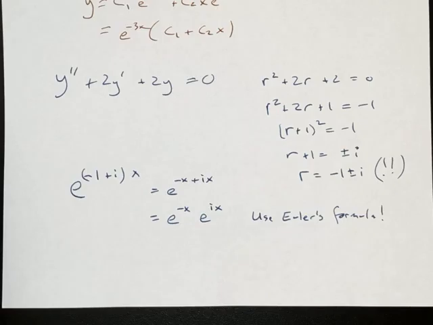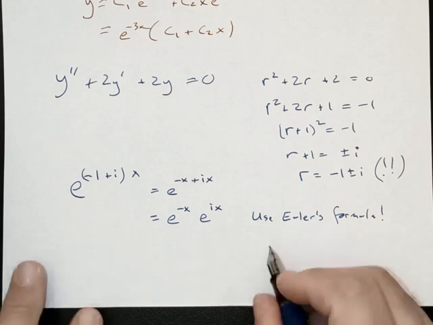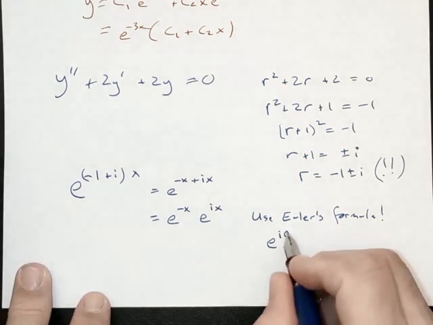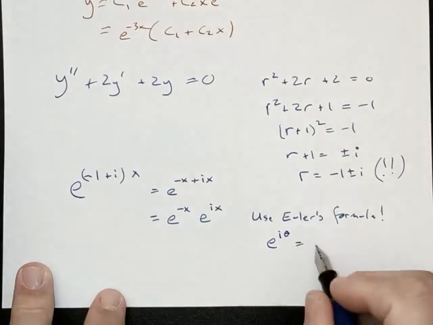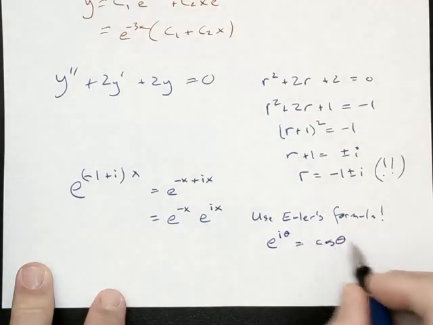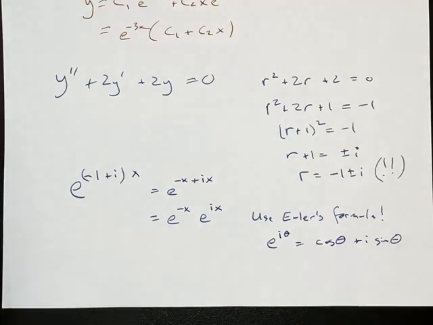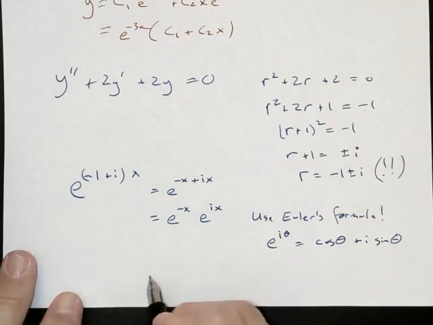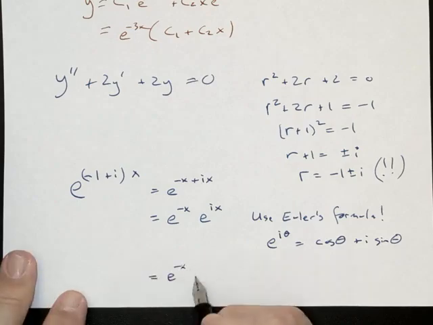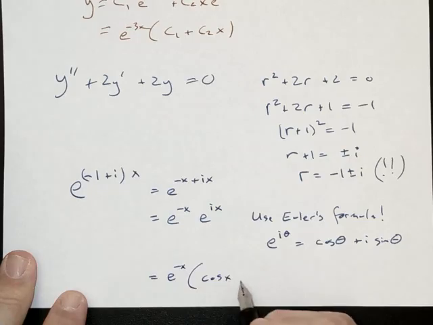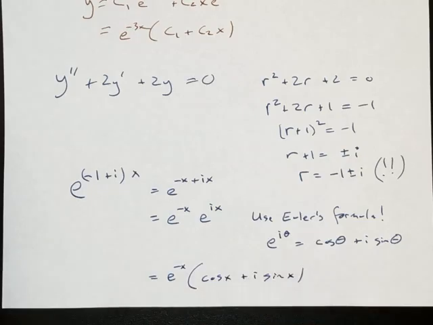Euler's formula tells me that e to the i times something can be written as the cosine of that something and i times the sine of that something. So e to the ix becomes cosine x plus i sine x.